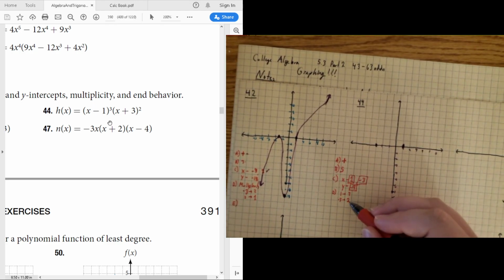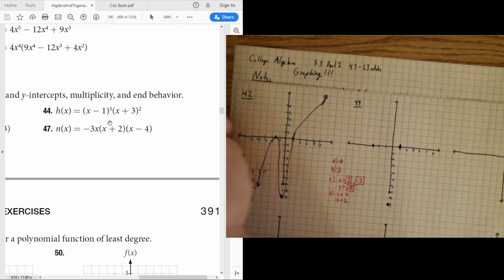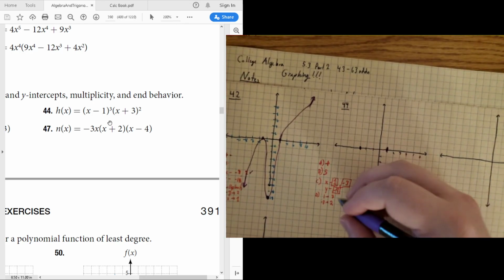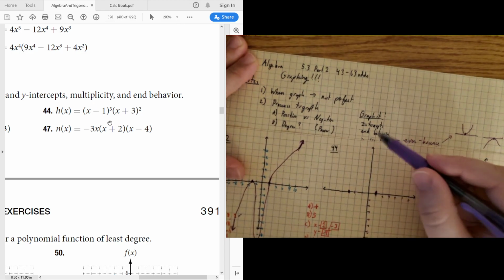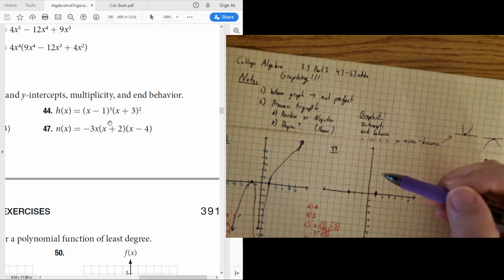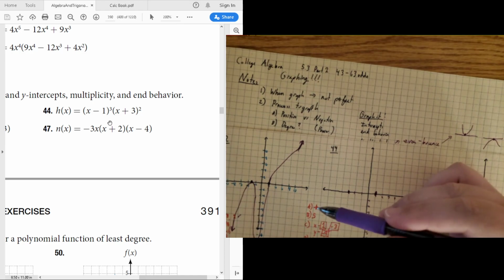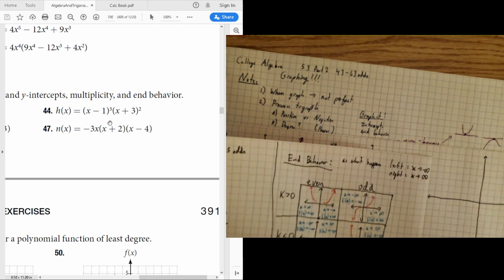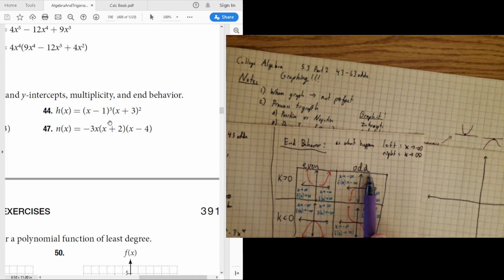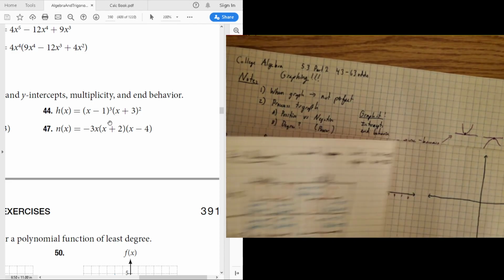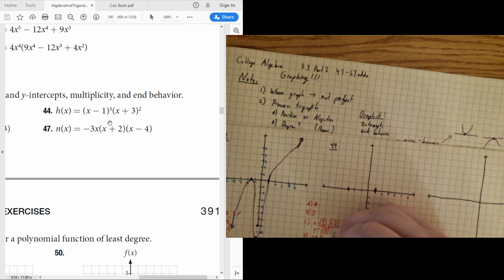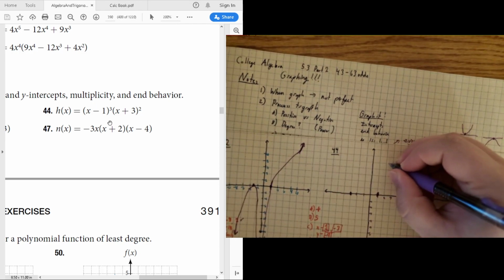Is it going to bounce, or is it going to cut? Well, let's do it. So I've done the intercepts. Now I do end behavior. According to my function, I have a degree of 5 and positive. Odd, positive, this top one, which again is down and to the left, up and to the right. So down and to the left, up and to the right.